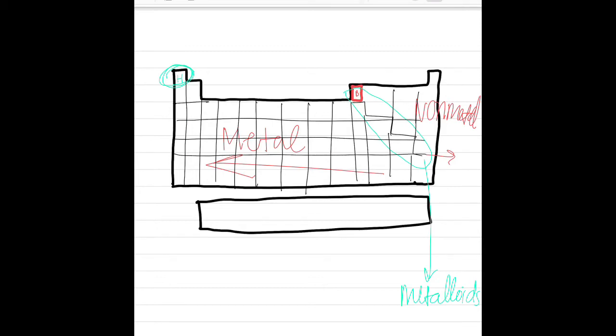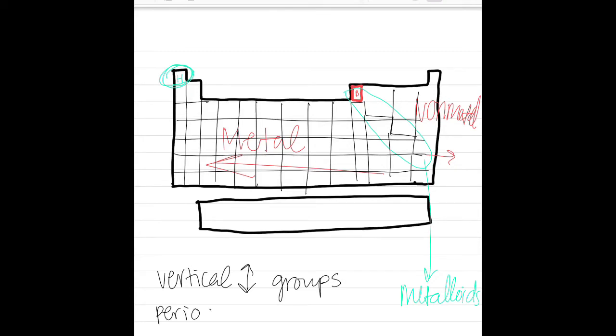Now these are called something, and I need to teach you what they're called. If we're talking about vertical columns, vertical, which is up and down, those are called groups. Now if we're talking about periods, that's left to right. Excuse me, I did this backwards.